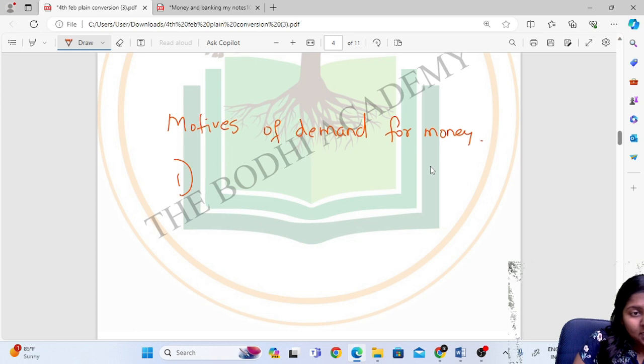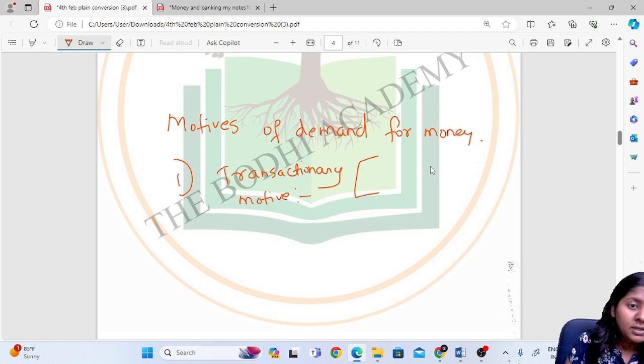First one is transactionary motive. The only thing we have to remember here is that this is for day-to-day expenses. The money is kept for day-to-day expenses.